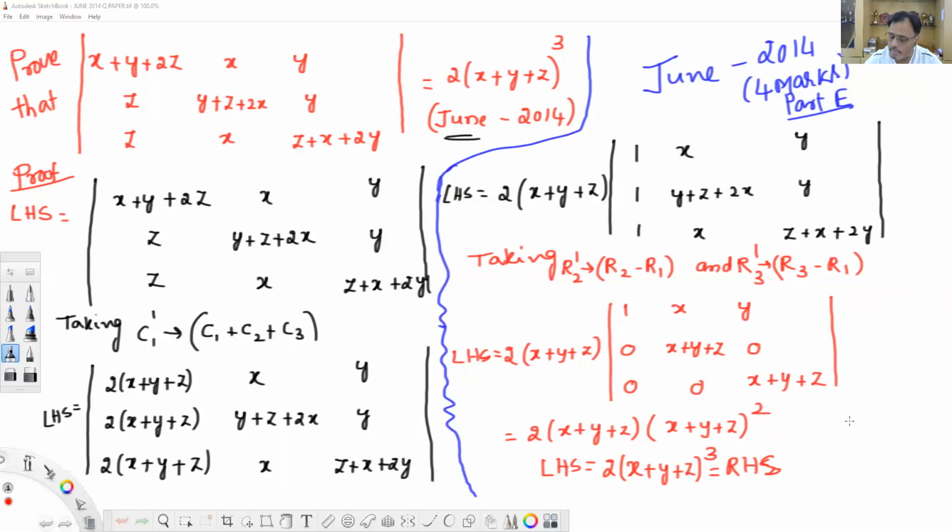Once again, look at it. Prove that, directly read the question. The determinant X plus Y plus 2Z, X, Y; Z, Y plus Z plus 2X, Y; Z, X, Z plus X plus 2Y. This is the answer to be proved: 2 times X plus Y plus Z whole cube.